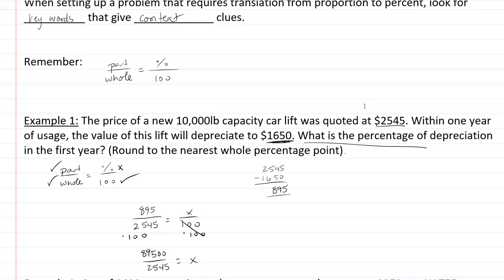And then carrying out this division on our calculator, we get X to equal 35.16 repeating. And we round this to the nearest percentage point, so 35% depreciation is what the lift experiences.